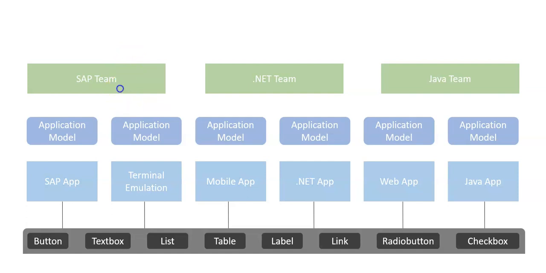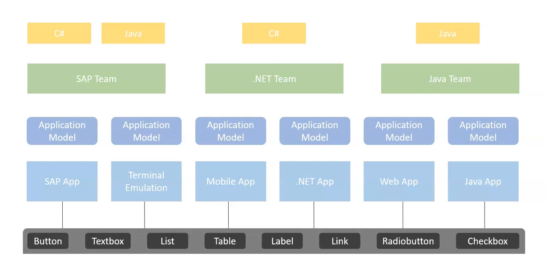Let's say the SAP team has engineers who have knowledge about C# and Java. .NET for sure, they would like to work in C#. The Java team would definitely prefer Java. Then you have the web team, the mobile team, and so on. They have their different strengths where they would like to work.